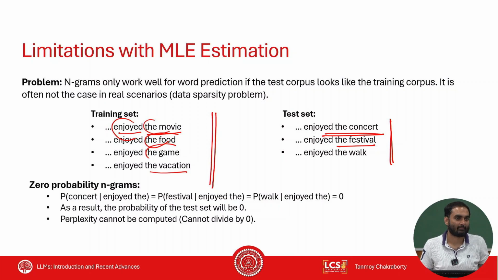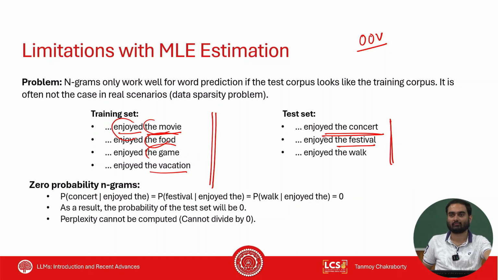This kind of case is called OOV, out of vocabulary token. Out of vocabulary tokens are those tokens which are present in the test set but not in the training set. Therefore, they are not present in the bigram table or trigram table. So how do you deal with this kind of words?